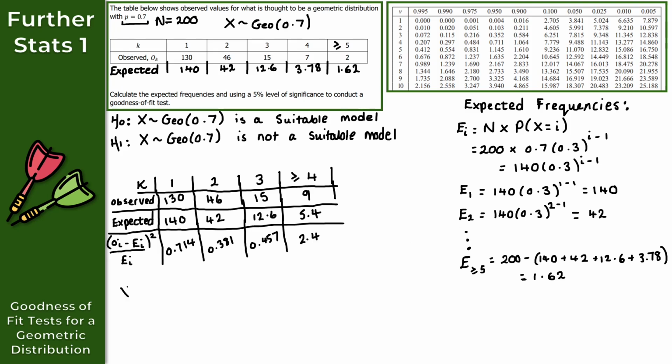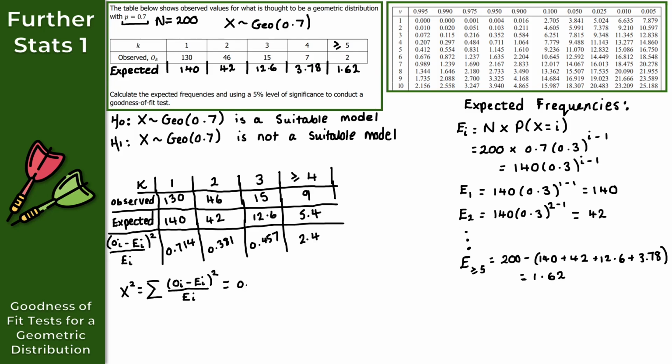So again, our chi-squared value, X squared here, is the summation of these values. So the summation of the observed minus expected, we square that, and then we divide by the expected here. So let's sum these values here.